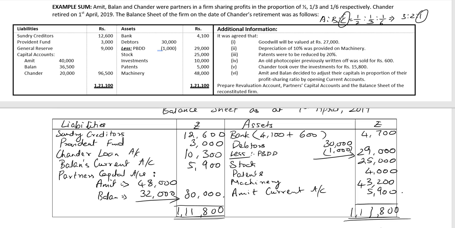Asset side also totals to 1,11,800. This is a balanced balance sheet.